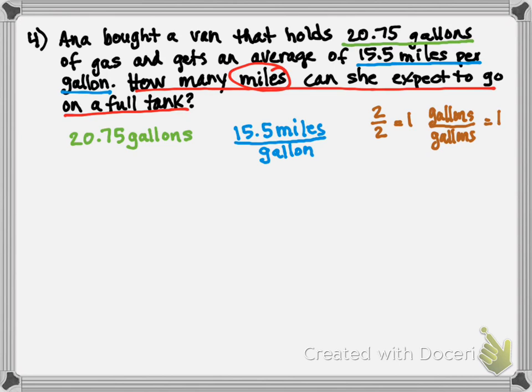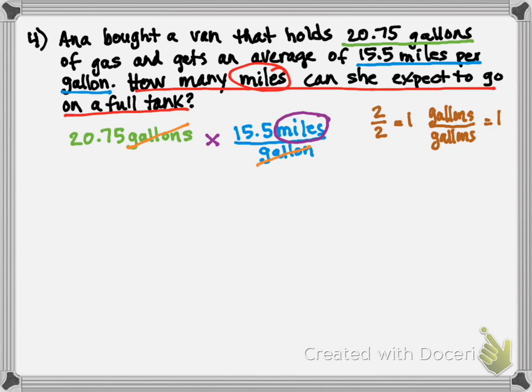So what we're going to do to figure out how many miles, that's the only label I want left, I'm going to multiply these. Notice you have gallons in the numerator and you have gallons in the denominator. So when I multiply gallons and miles on top divided by gallons on the bottom, the gallons disappear.